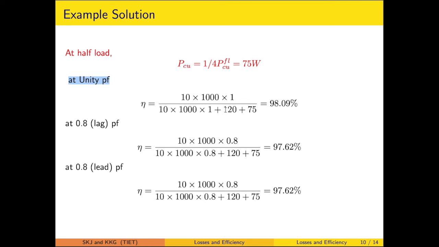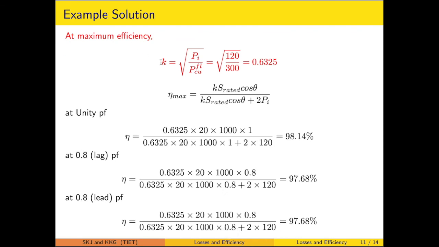Please see that the losses PCU are now 75 watt, and the efficiency calculated here comes out to be 98.09. Similarly, at the lag and lead power factors, the efficiencies are calculated. So at half load unity power factor also, the efficiency is higher than the efficiency calculated at 0.8 power factor.